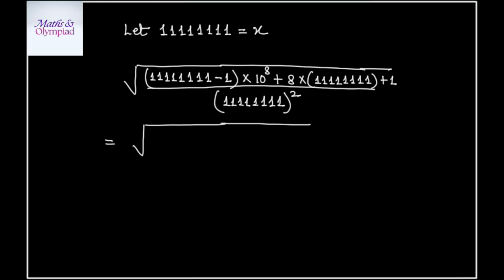So I will substitute x in place of 8 times 1. So it will become x minus 1 multiplied by 10 raised to power 8 plus 8 multiplied by x plus 1 over x square.